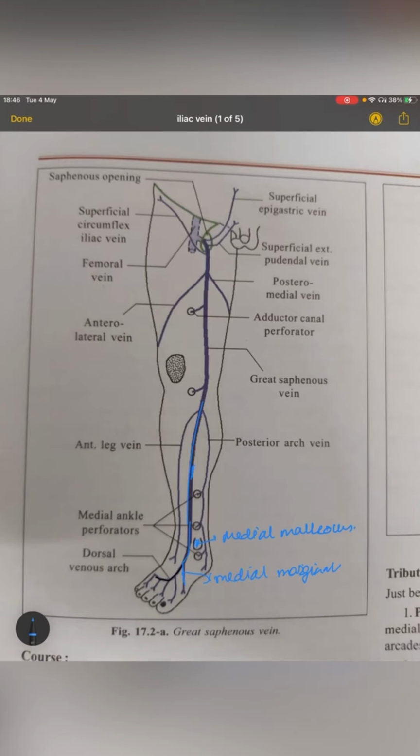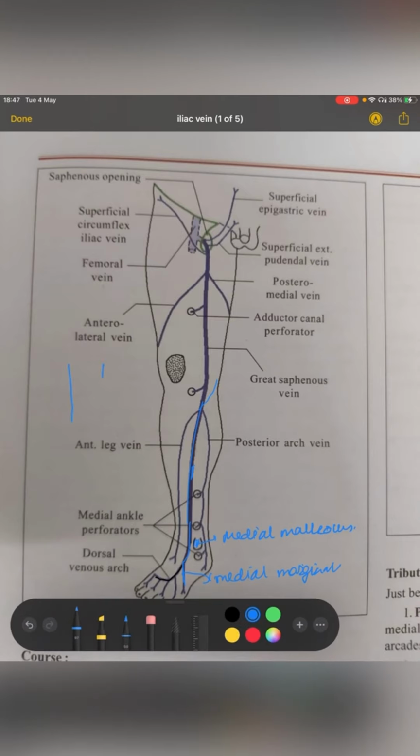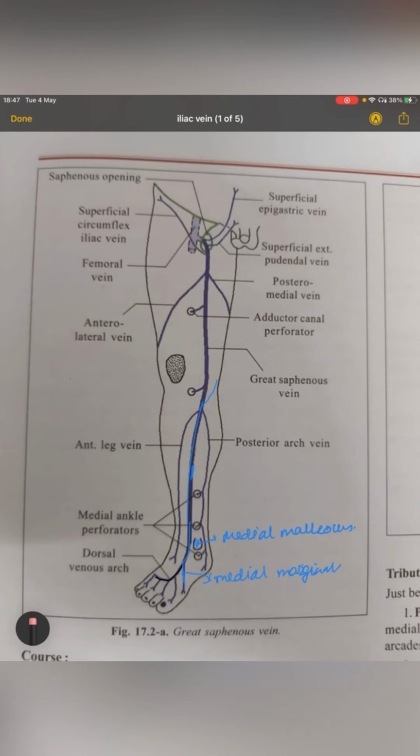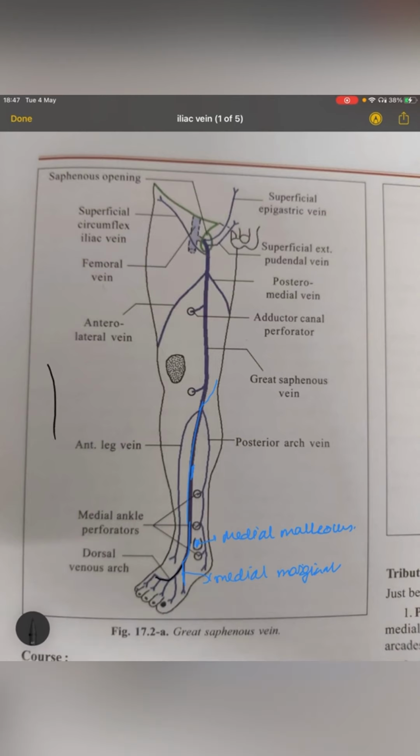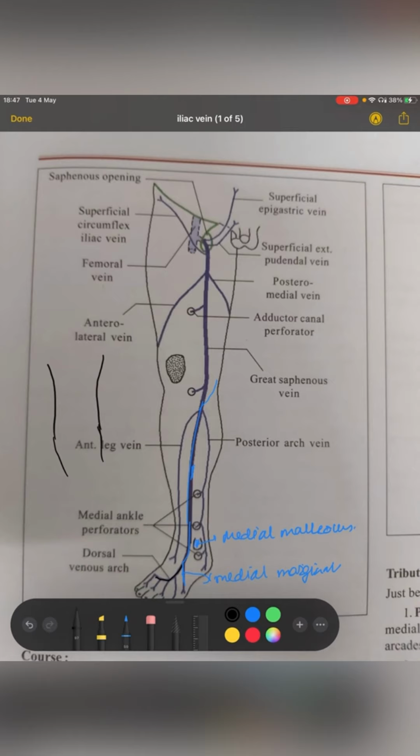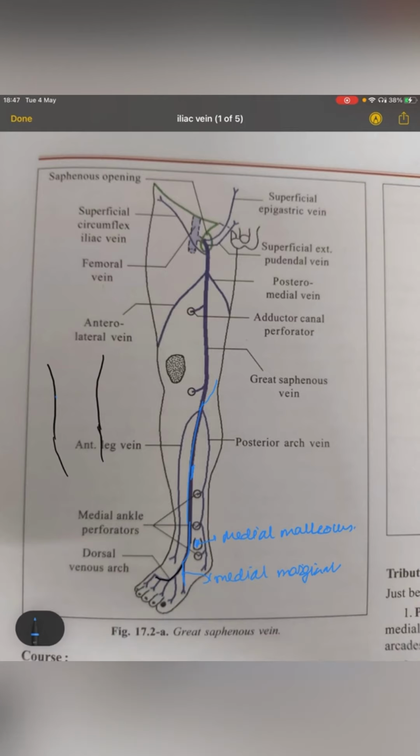And when it reaches our knee, the popliteal fossa, then it goes a little posteromedially like this, and this is a side view, so this is not clear. If we draw the posterior view, then we will find that this goes to the posterior aspect of our leg, of our lower limb. Okay, this goes like this.